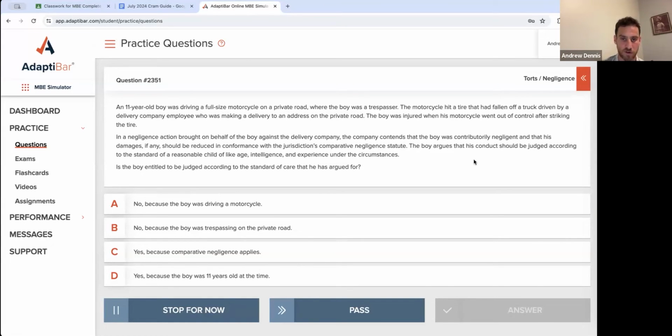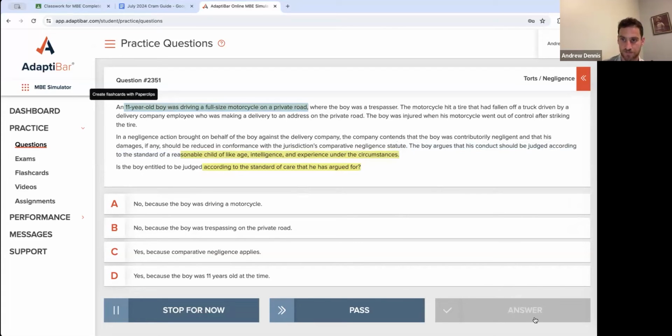A: No, because the boy was driving a motorcycle. B: No, because the boy was trespassing on the private road. C: Yes, because comparative negligence applies. D: Yes, because the boy was 11 years old at the time. So the question is, should he be judged according to this standard, a reasonable child of like age and intelligence? But the fact pattern does say that he was driving a full-size motorcycle.